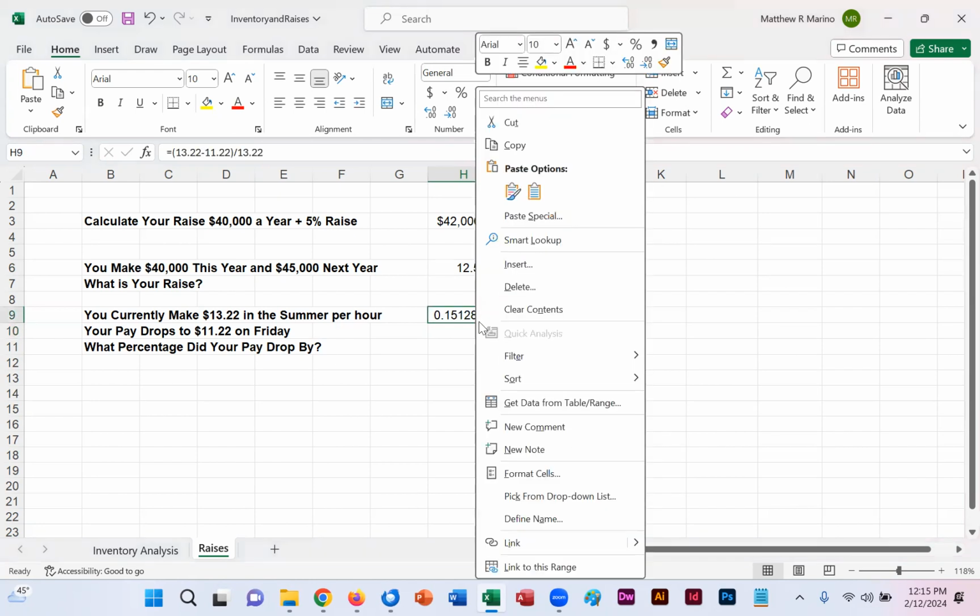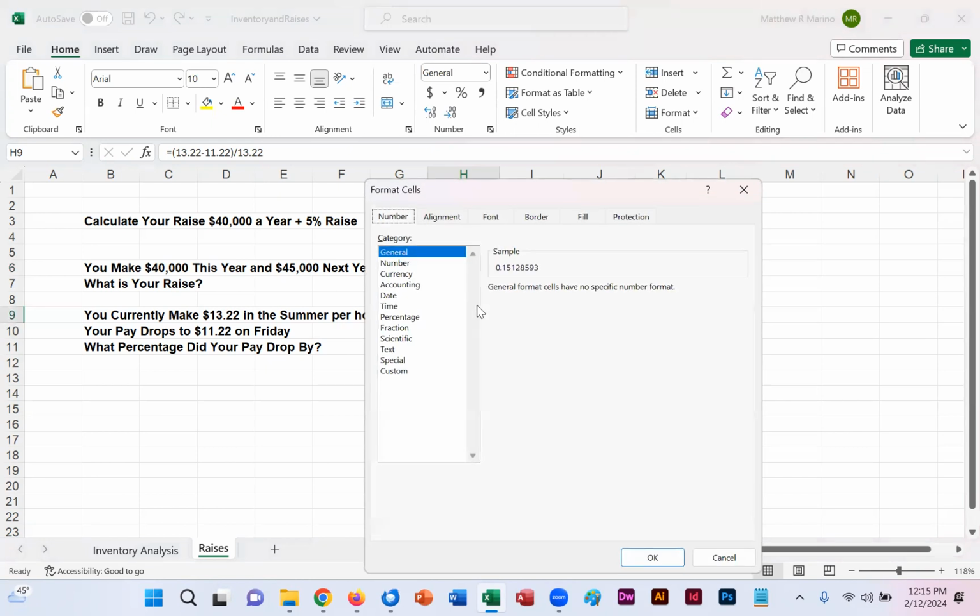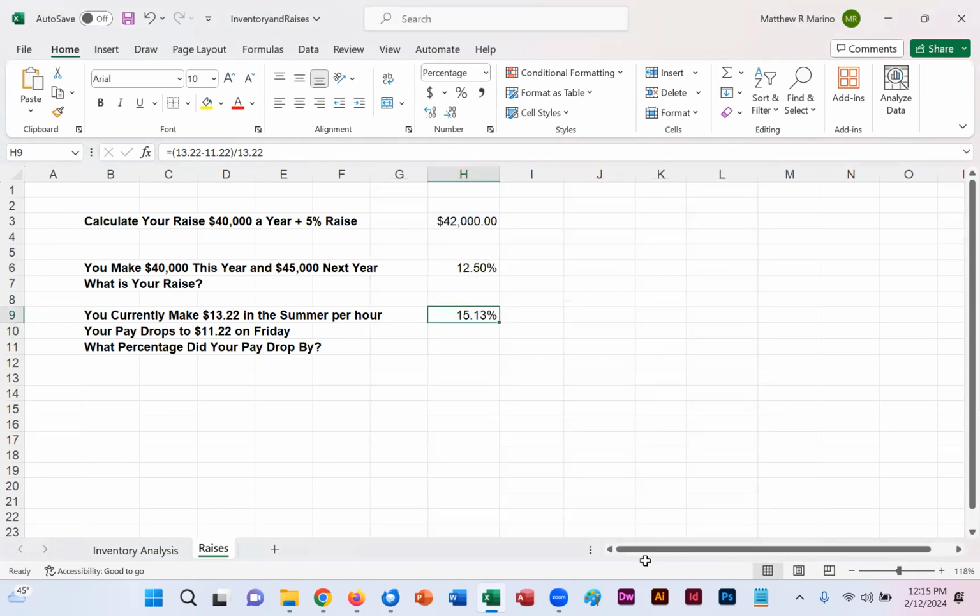So we click back in, we right click, we select format cells, and we make it a percentage. And it's 15.13%. Or you could have chosen to use the number pane here and select percentage from the options on the drop down here.